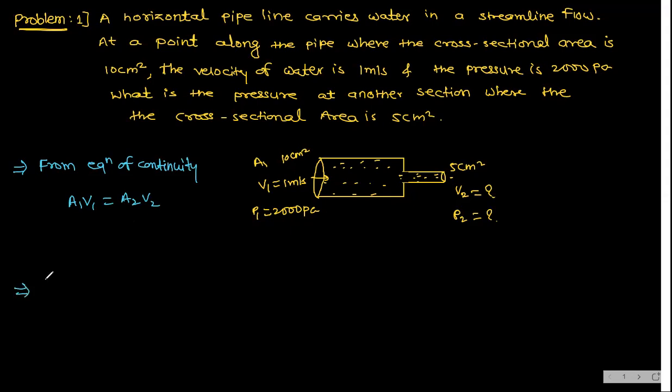And then you can use Bernoulli's principle. This is for horizontal pipe. Horizontal pipe you have H1 is equal to H2, no. So that's why I'm not going to take any potential energy per unit volume. So that's why what you will get, P1 plus half rho V1 square is equal to P2 plus half rho V2 square. And here density of water, you take 1000 kg per meter cube.